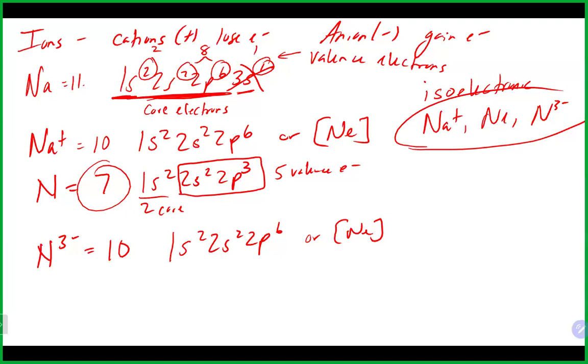Something like nitrogen will gain 3 electrons to move forward on the periodic table to neon, which is also a noble gas. Remember, that's really the purpose of all bonding, ionic bonding and covalent bonding, for everybody to achieve that noble gas configuration.